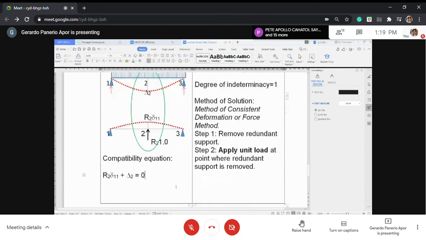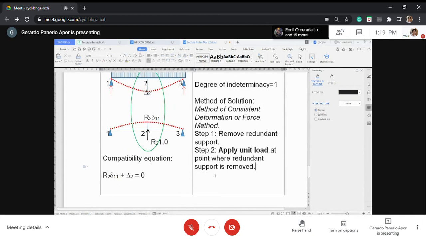Okay. So here there are deflections to solve. Number 1, delta 2 and small delta 1 1.